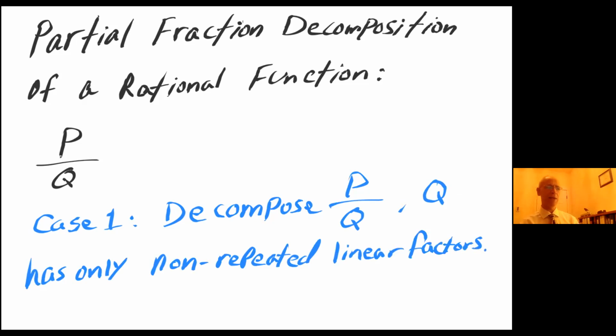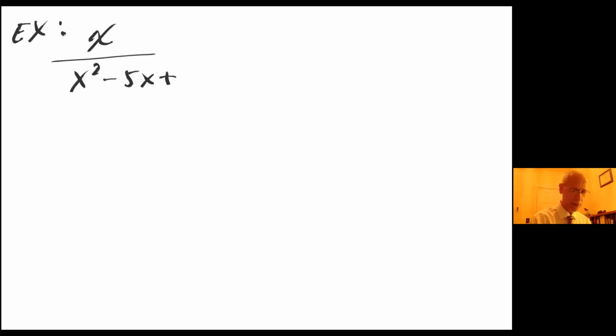Okay, let's have an example. Suppose you have the rational function x over x squared minus 5x plus 6. Notice that the denominator is factorable.